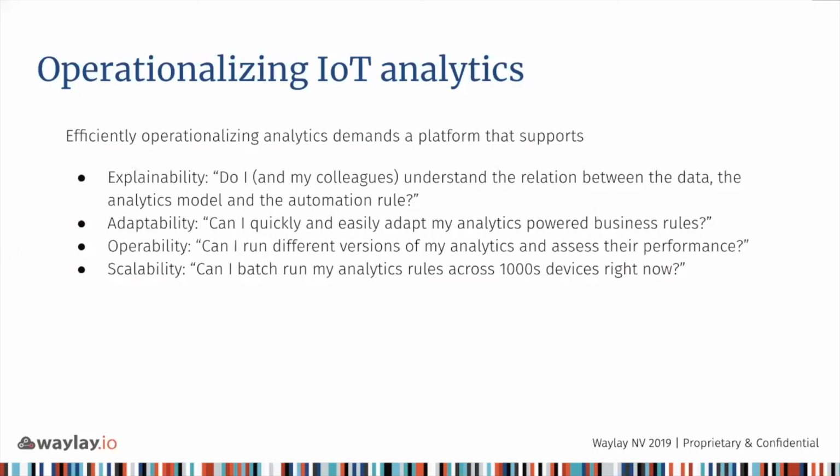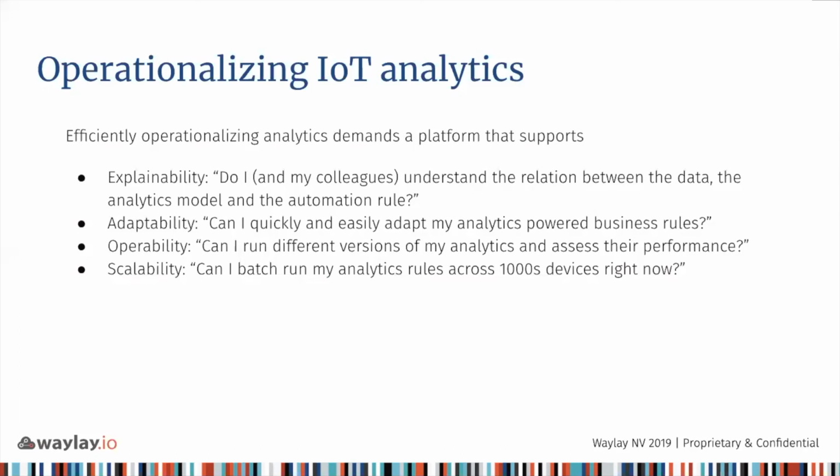So do I and my colleagues understand the relation between the data and the analytics model and the rule? For us, it's very important, because it might be okay that you build an algorithm today, but within a month or within a year, you probably already forgot about it. So you need to have a platform that expresses this model in an easy, understandable way for you and your colleagues.